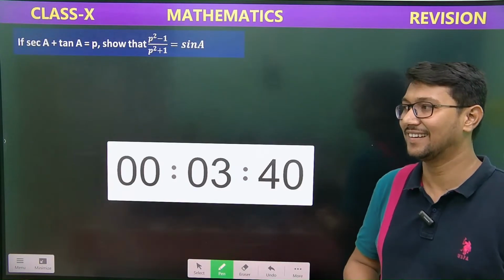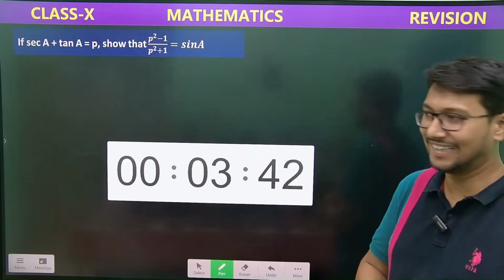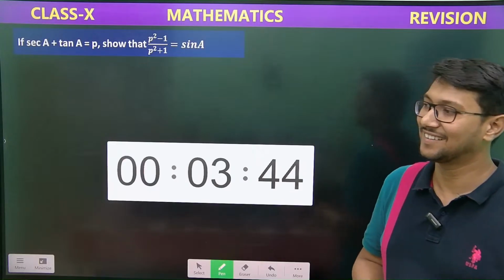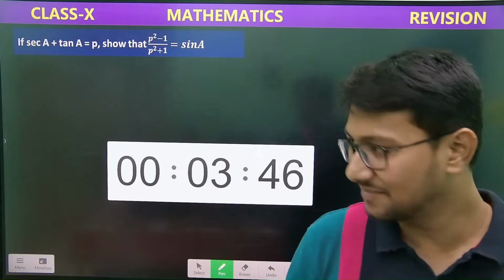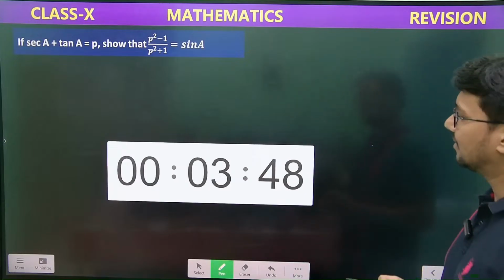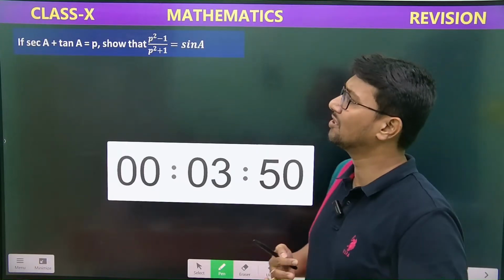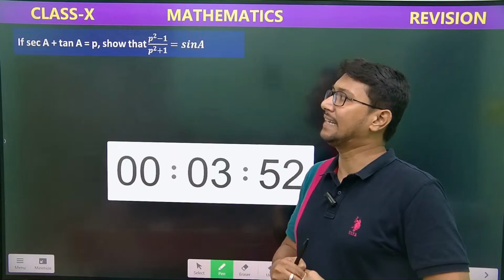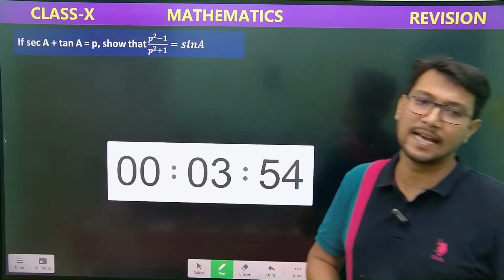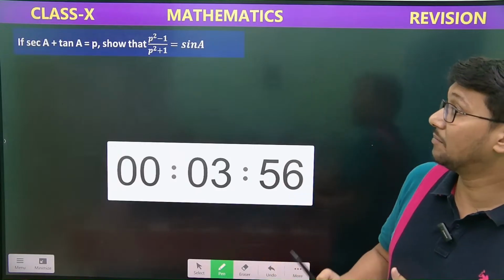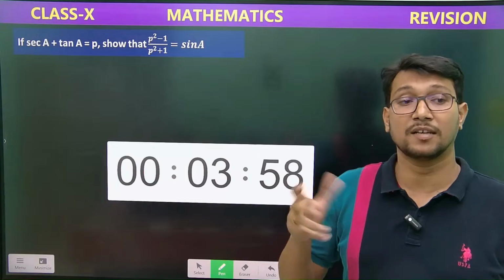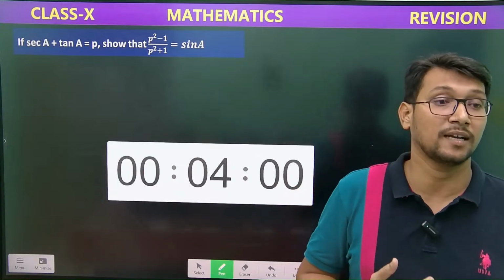20, 19, 18, 17. ठीक. Solve कर दो फटाफट बच्चों. Just remember sec theta plus tan theta is the reciprocal of sec theta minus tan theta.